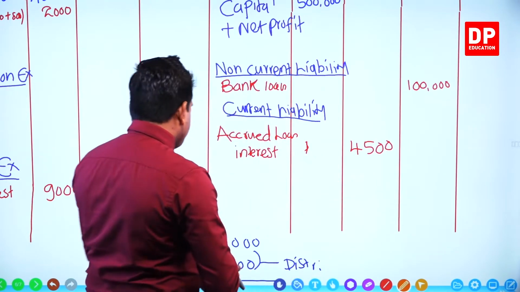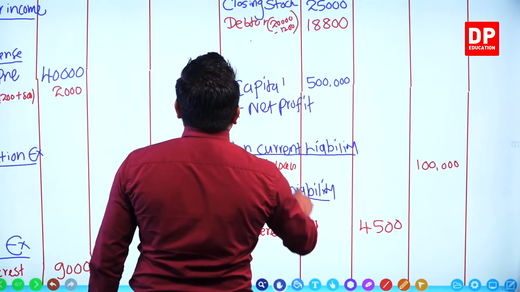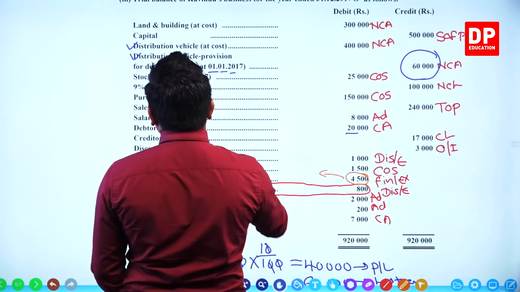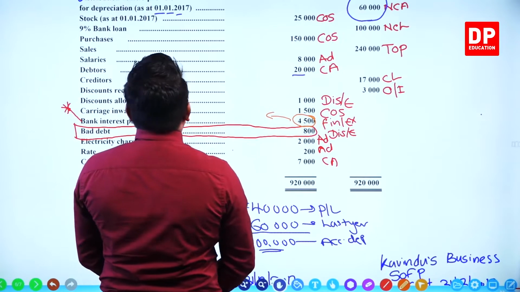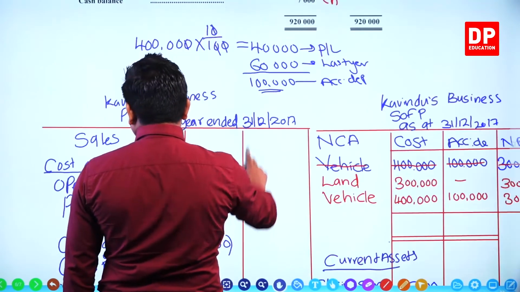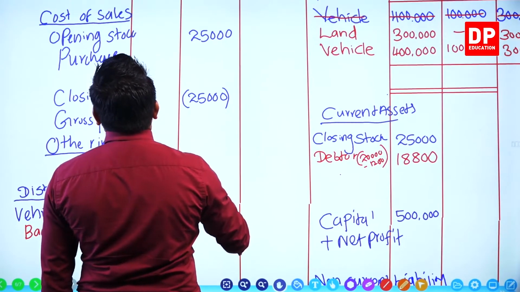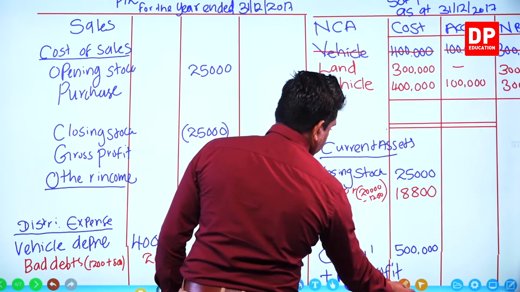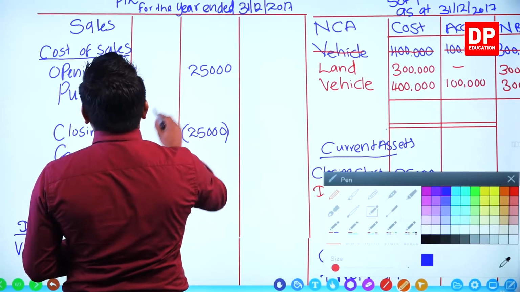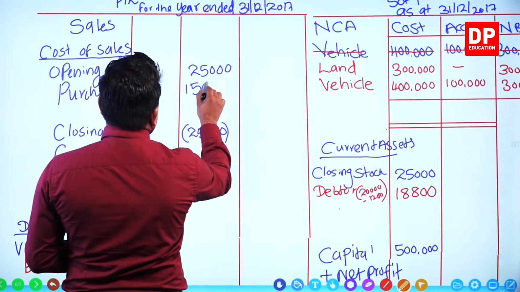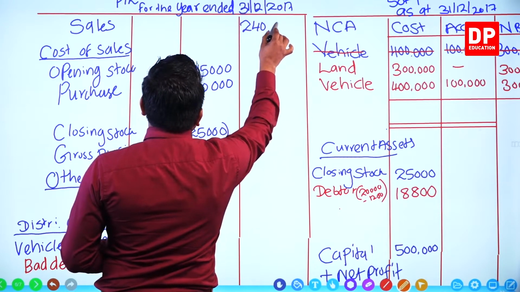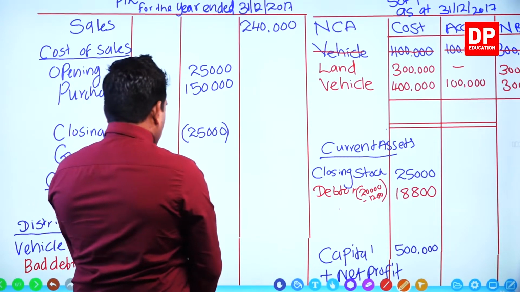Okay. Now, next, move to the question. Yeah, 9%. Purchase 150,000, sells 240,000. Purchase 150. Sales on the top 240. Yeah. Now next.